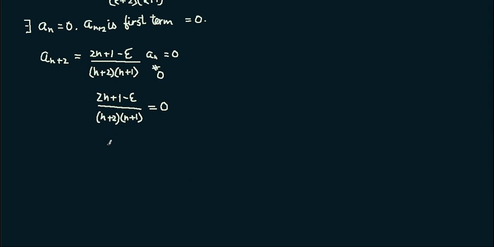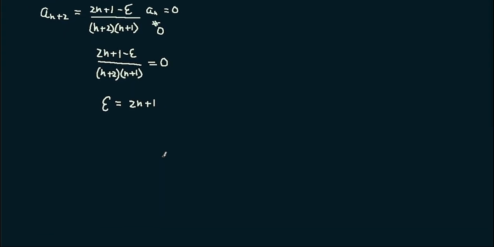Now, this implies that epsilon is equal to 2n + 1. But let's remember what epsilon was. Epsilon was a constant that we introduced to represent the value E over 1/2 h bar omega. That's equal to 2n + 1.